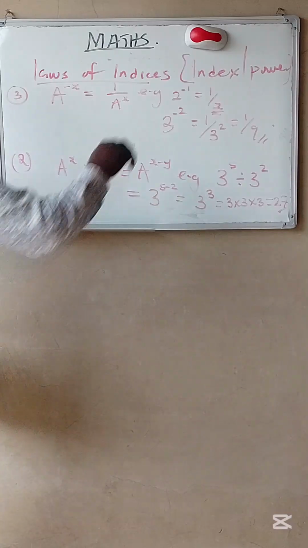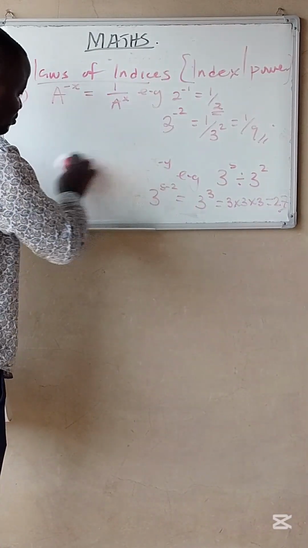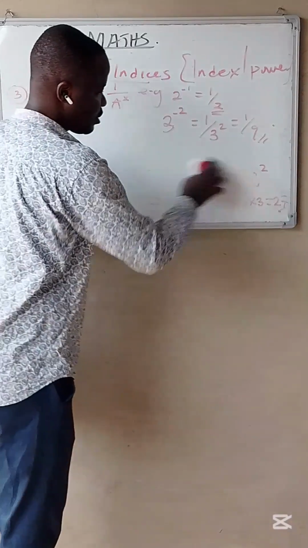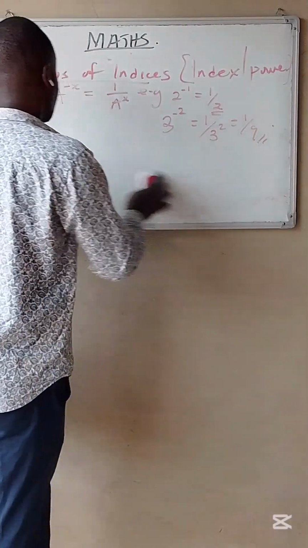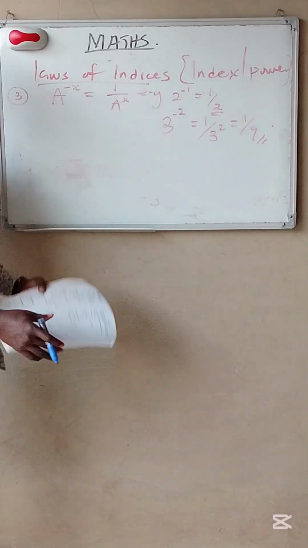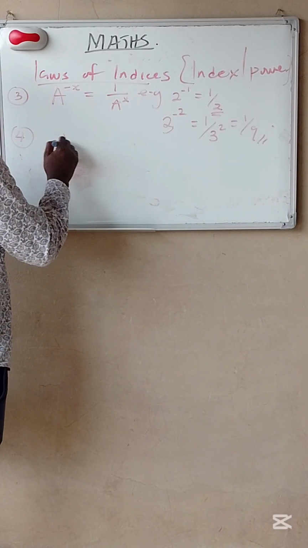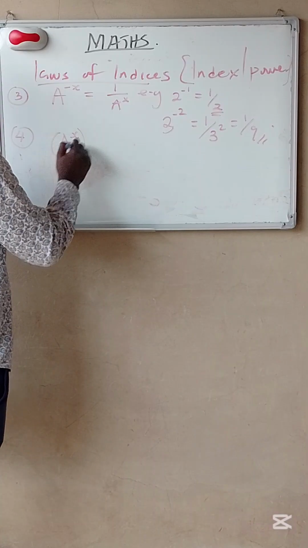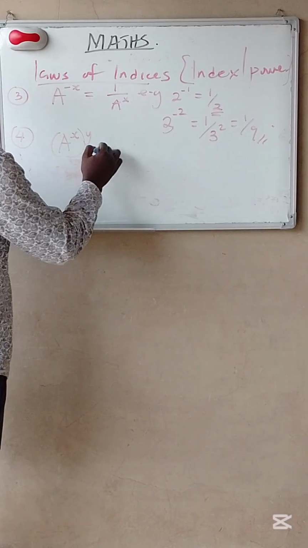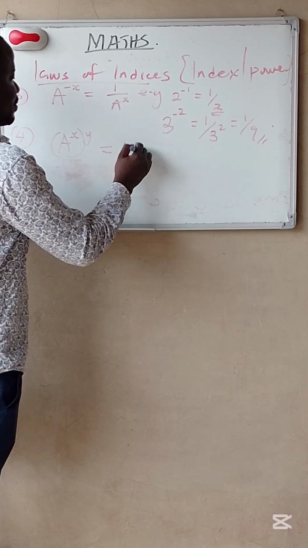Let's go to another law, law number 4. Irrespective of the number, it's just the law that we need, and that's the most important thing. Let's say you are given a raised to power x, all raised to power y. You can see this is a power, and this is also a power, so you multiply the powers together.